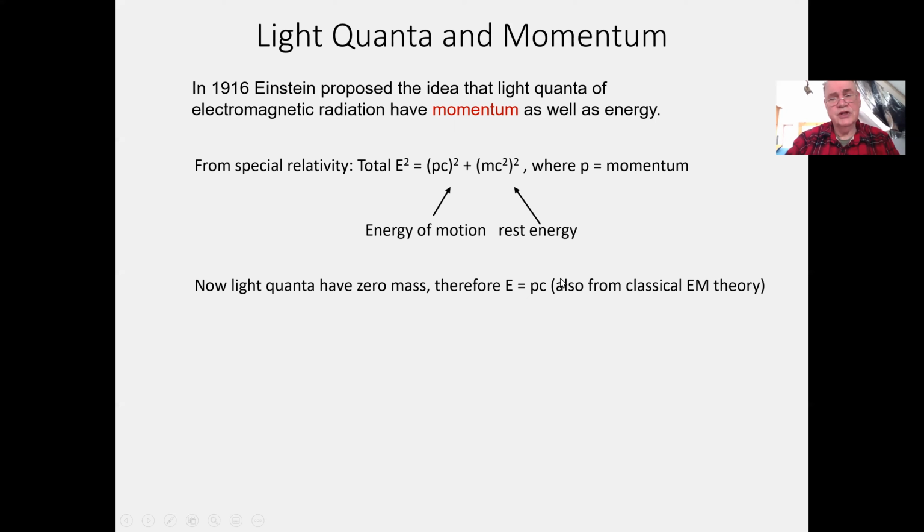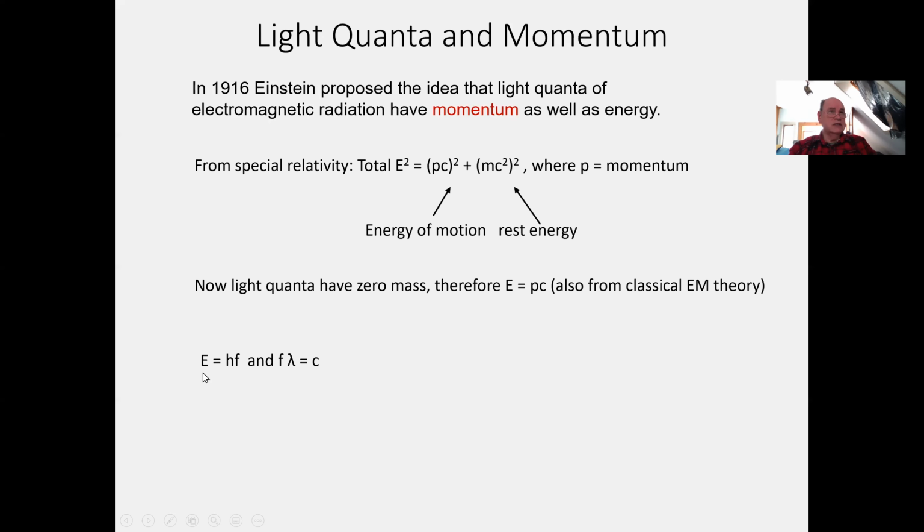This is in the classical theory. So this is substantiated both by his theory, special relativity, and classical theory. And so we have for light, and photons, of course, are light, that the energy is equal to the momentum times c.